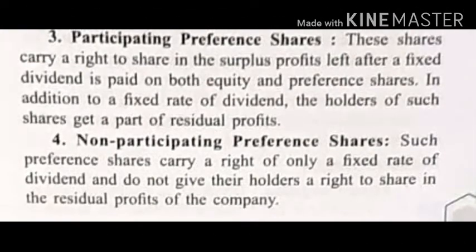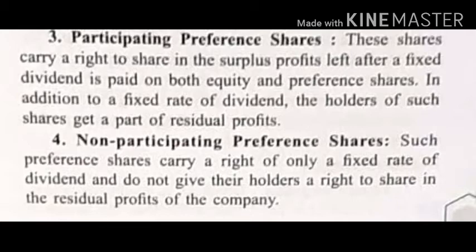Next is participating preference share. These shares carry a right to share in the surplus profit left after a fixed dividend is paid on both equity and preference share. That means the dividend is first paid to preference shares, the remaining dividend is paid to the equity shareholders, and after that, if some amount is left out of profit, that is known as surplus.